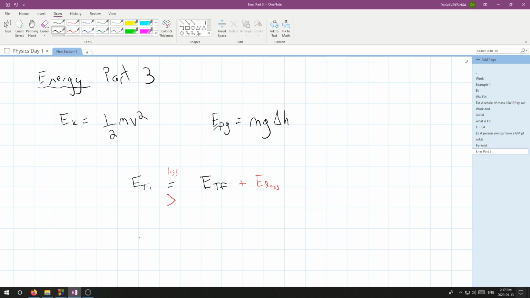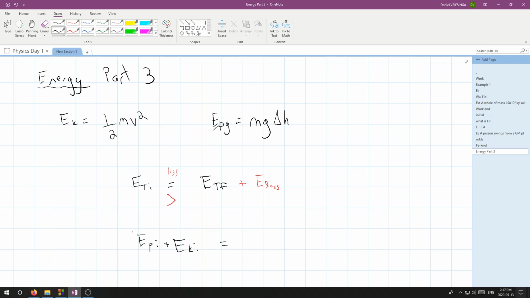We just basically say that the potential initial energy plus the kinetic initial energy of our system, so that can be a whole number of bodies. Right now we've only been dealing with questions that have one mass in them, but you could have two things smashing into each other. And if you're going to look at the potential energy, you have to do it for everything, right?